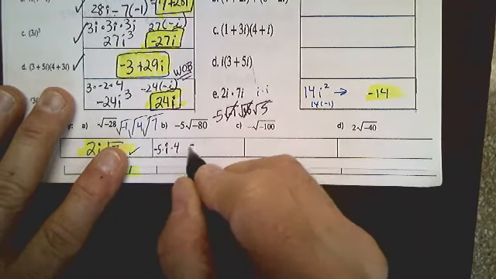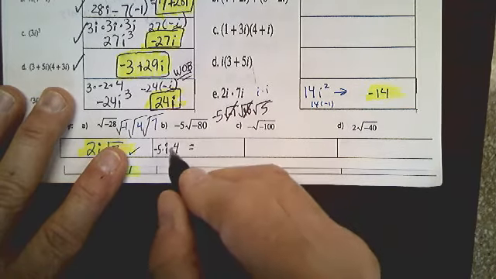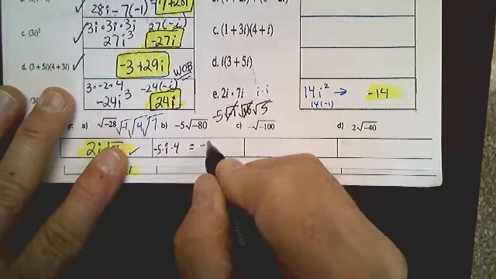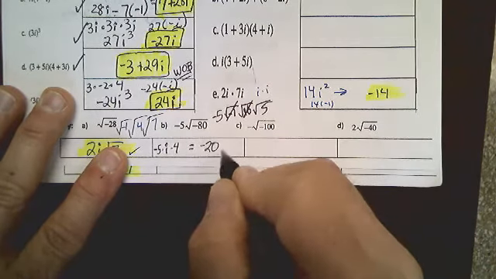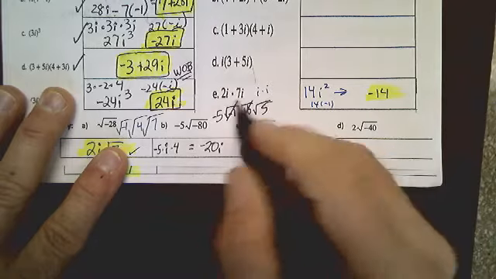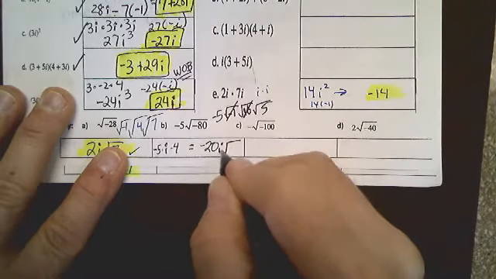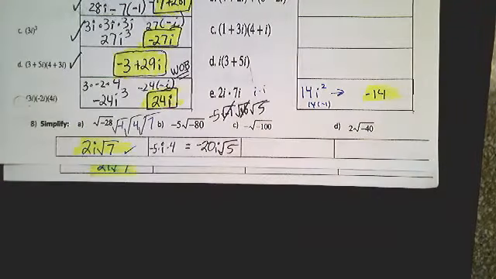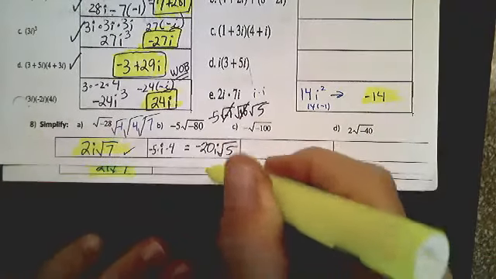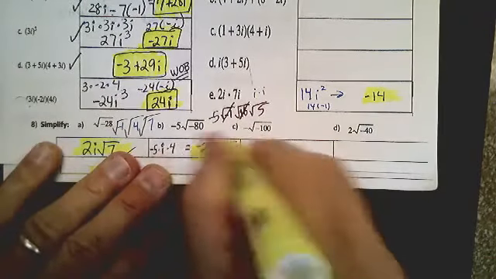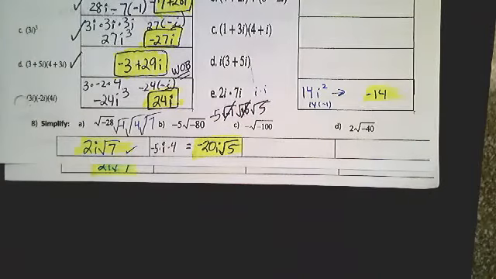Multiply this. -5 times 4 is -20i rad 5. That would be that answer. And that's how you simplify a negative radical. Okay? I do not want decimal answers. Okay, kiddos.